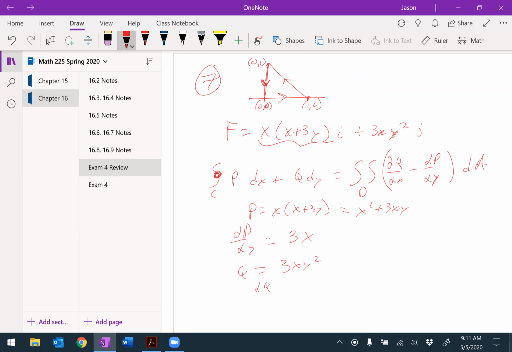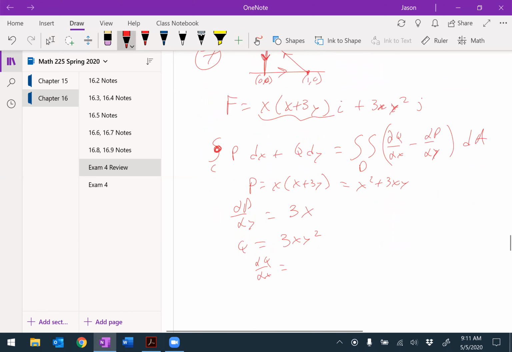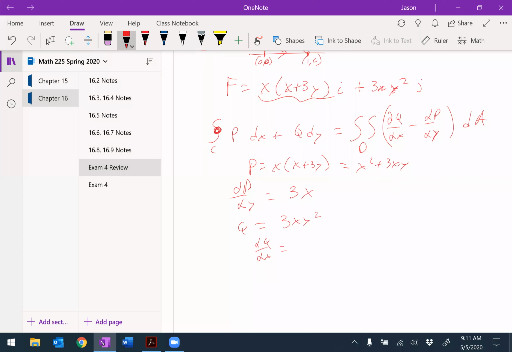So dQ/dx is equal to 3y squared. So we want the double integral over D of dQ/dx, which was 3y squared, minus dP/dy, which is 3x, dA over that area.